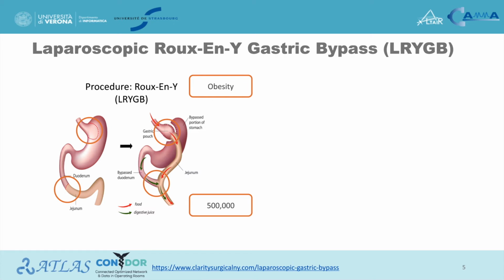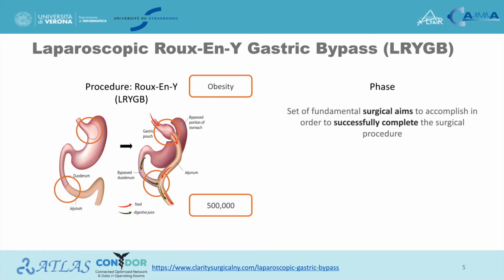In this procedure, we define a phase as a set of fundamental surgical aims to accomplish in order to successfully complete the surgical procedure. A step is defined as a set of surgical actions to perform in order to accomplish a surgical phase.